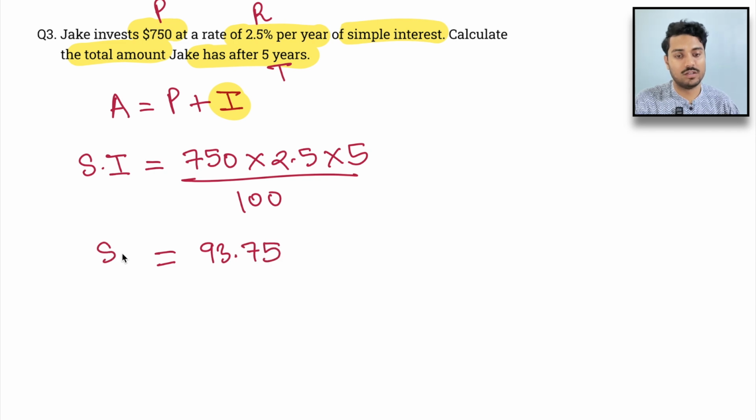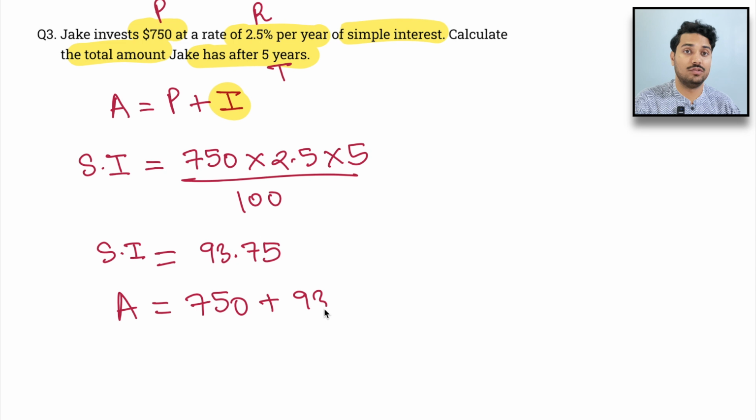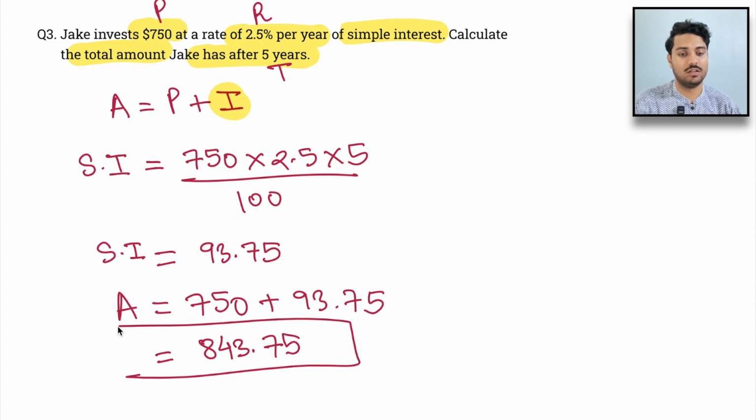This is the simple interest. So amount is going to be the principal amount, that is 750 plus 93.75, which is 843.75. $843.75. That's the final amount.